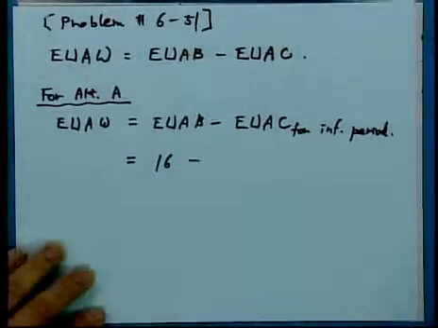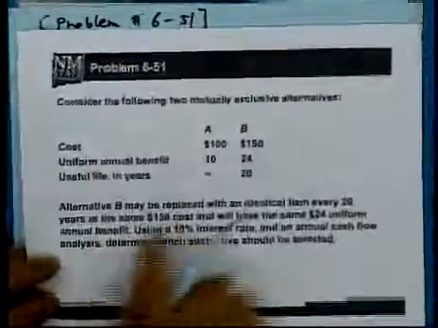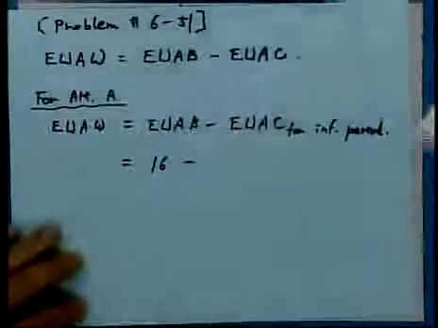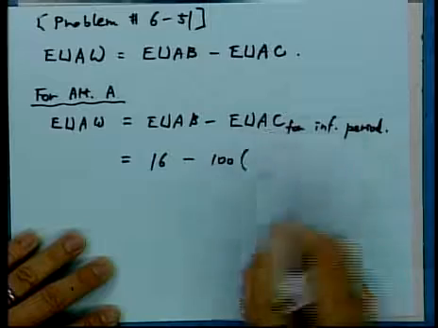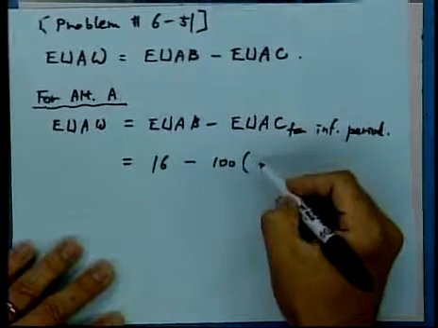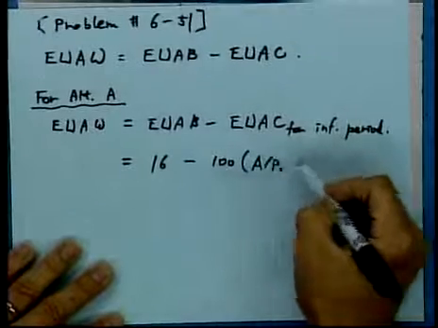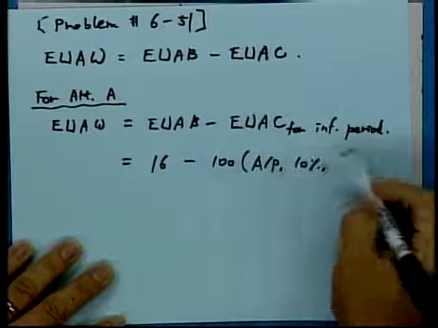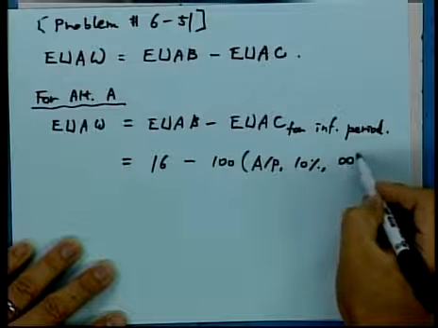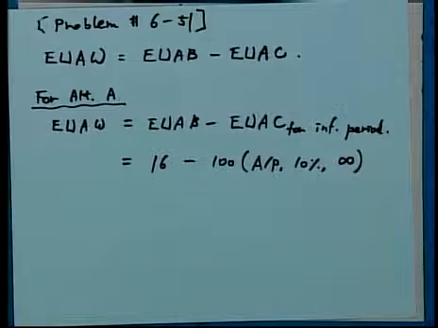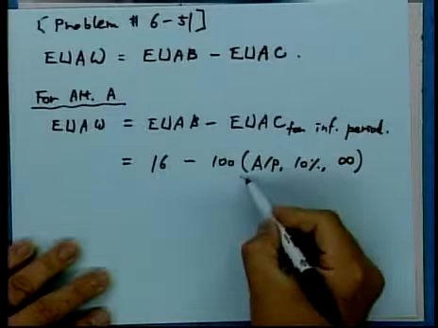And then equivalent uniform annual cost would be 100 times A given P, 10% interest rate, for how many periods? For an infinite number of periods. Okay. So what is this value?